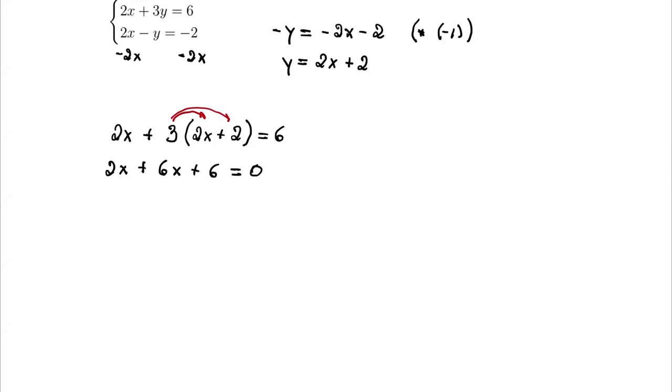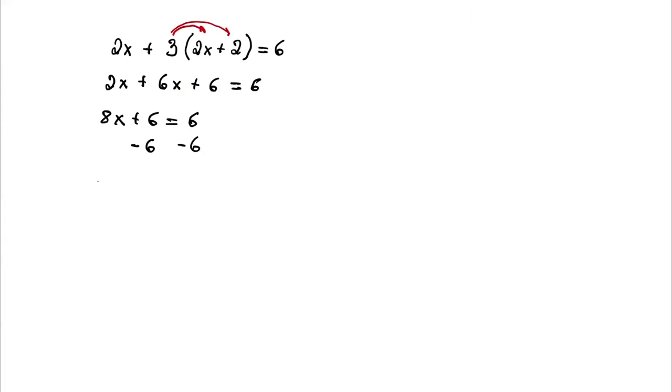Combine like terms, so 8x plus 6 is equal to 6. Now we subtract 6 from both sides, and the equation turns to be 8x equals 0.